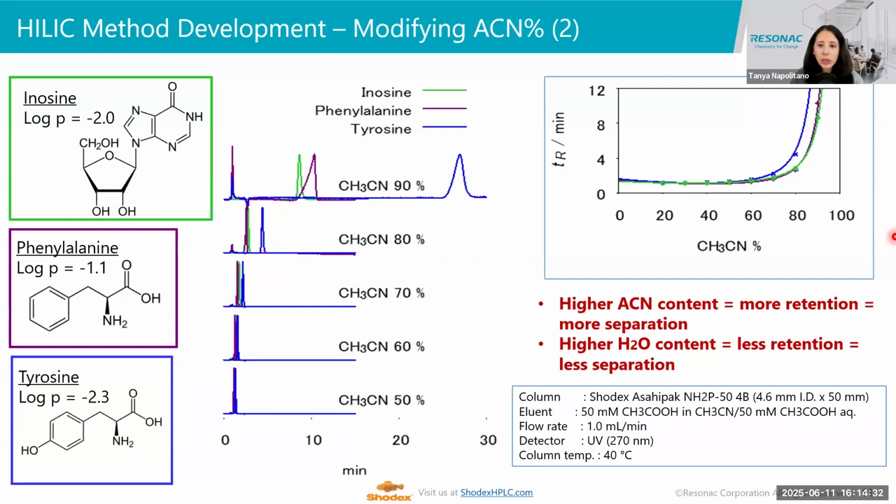Too little acetonitrile and your compounds will coelute, and too much acetonitrile and you may start to see broader peaks or even issues with ionization in LCMS workflows. So in most cases, the sweet spot for HILIC separation is somewhere around 75 to 90% acetonitrile, but this can vary depending on the column and the chemistry of your analytes.